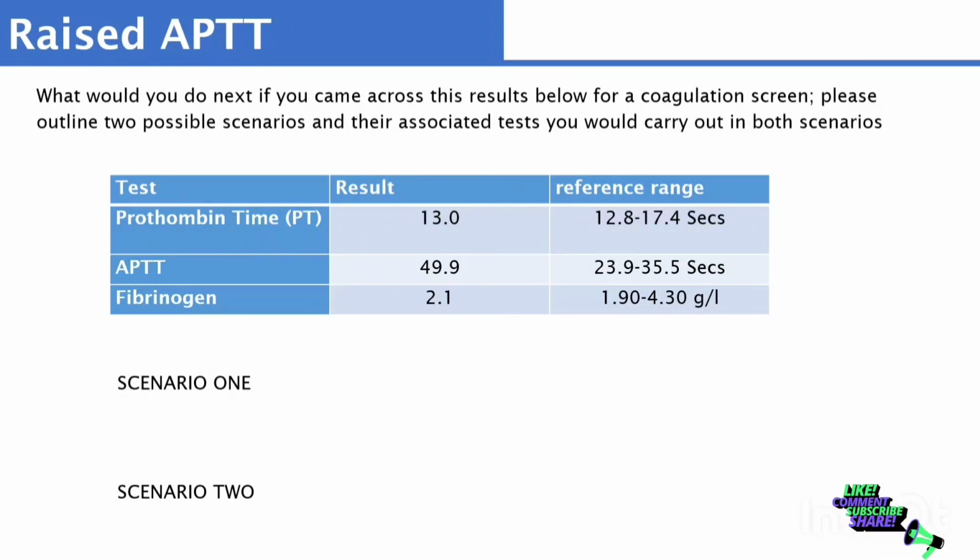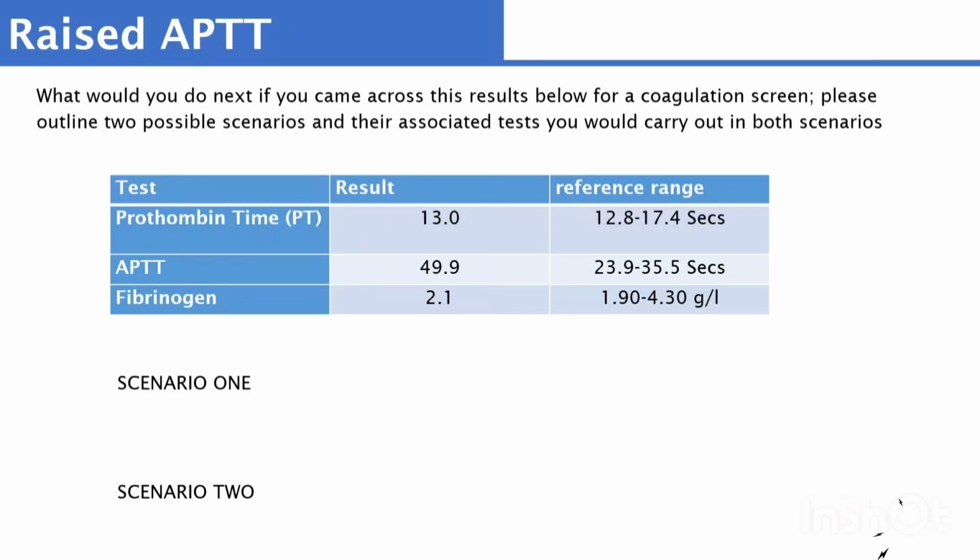So once the result comes back to normal, meaning it is corrected, that is a confirmation of what? Factor deficiency. However, if it does not correct, it is a confirmation of what? Inhibitor. That means there is something inhibiting the clotting cascade of the patient sample and of the control sample.